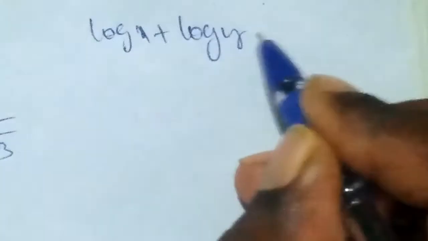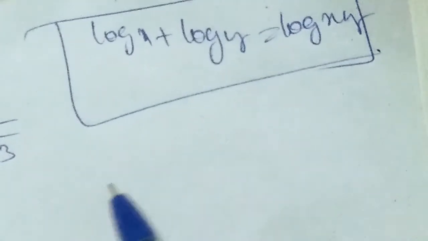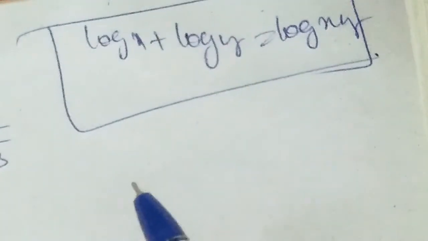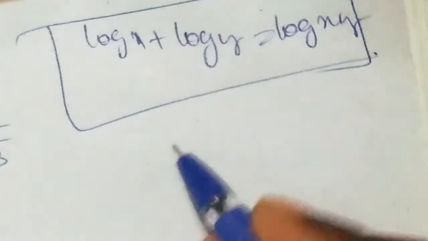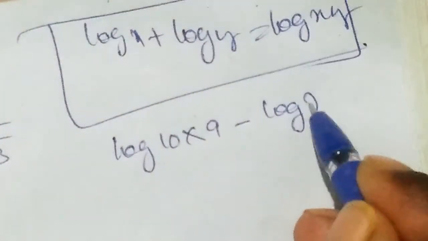So here we are going to apply the formula log x plus log y is equal to log xy. We have log 10 plus log 9, which is log 10 into 9 minus log 2.